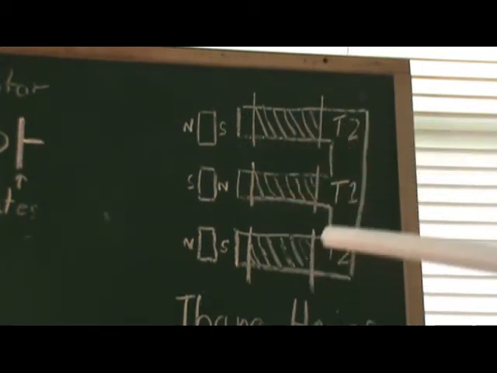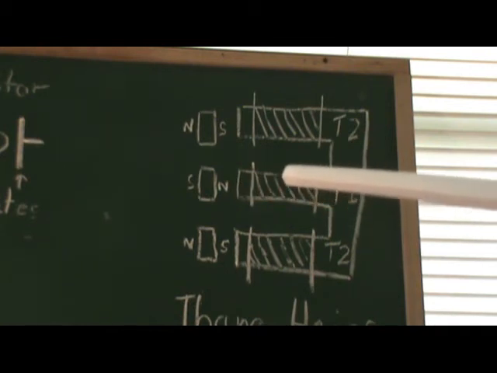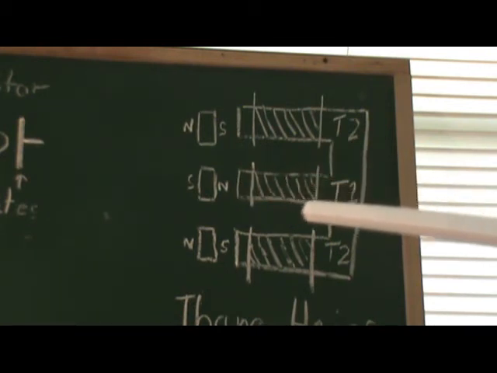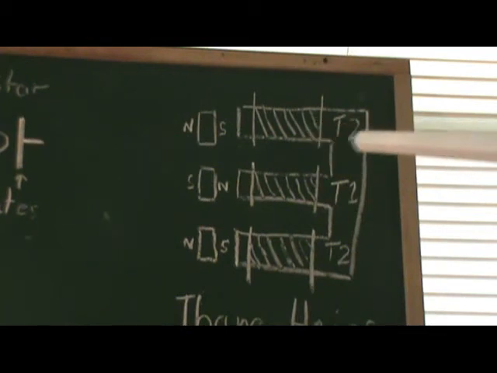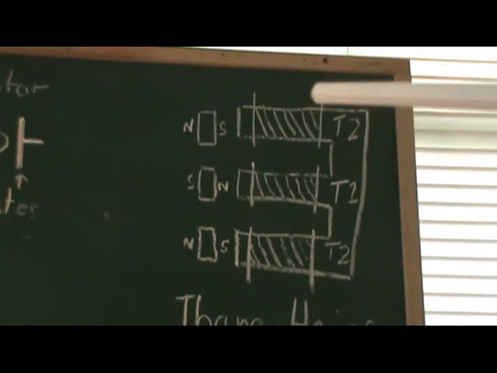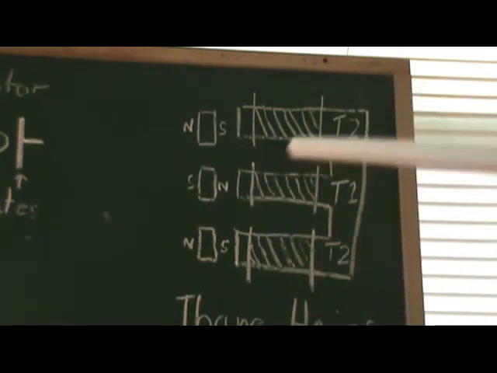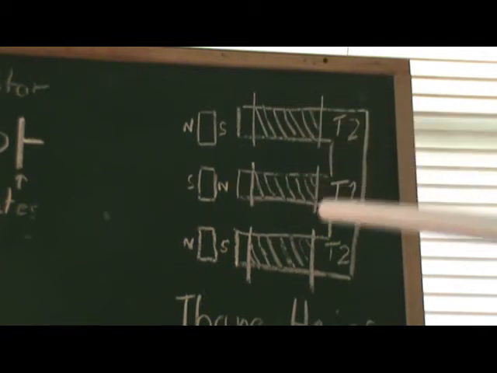And although Thane used, here's his T1 winding, right, which I think was a very smaller gauge wire, and then his T2 windings on these legs were a much heavier gauge wire. And I think it wouldn't matter.